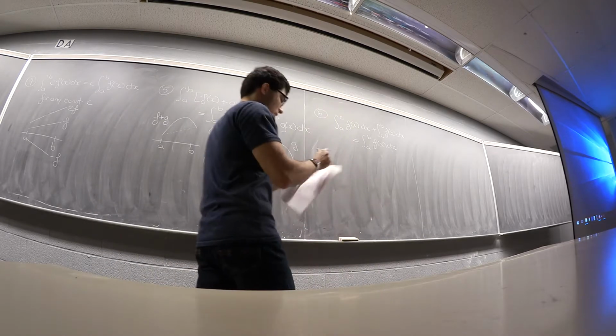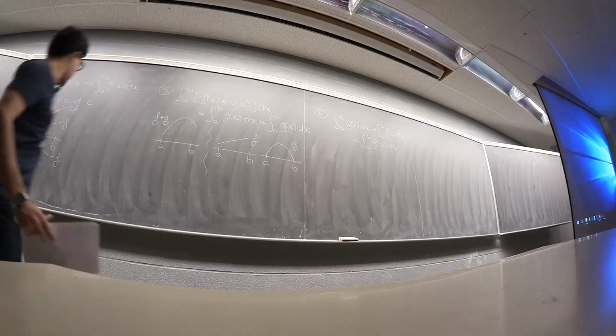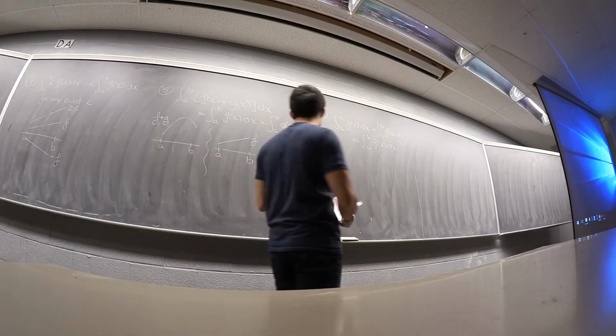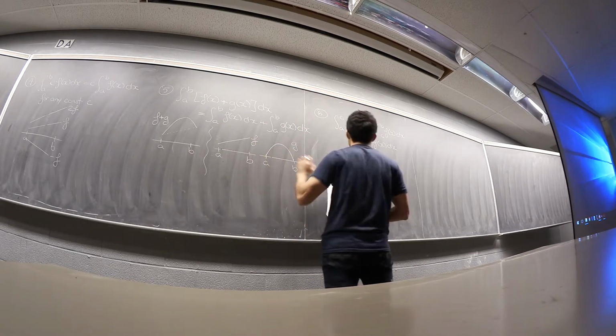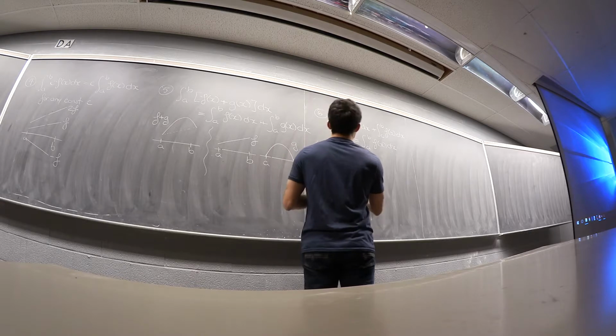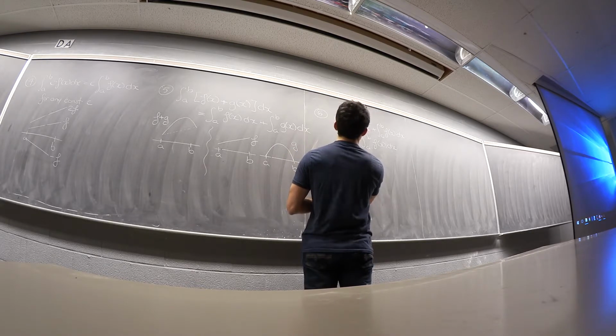Okay, so what does this thing say? And by the way, these are special pictures. These work for signed areas, they work for all sorts of cases. These are just pictures to tell you what kind of thing is going on. So, how do we picture this?